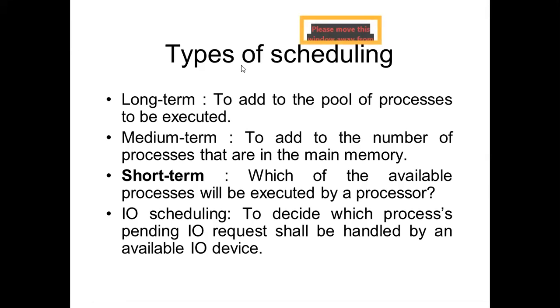That is called long term scheduling. Medium term: to add to the number of processes that are in the main memory. Only those processes that are in the main memory we are going to add. Then this is called the medium term scheduling.